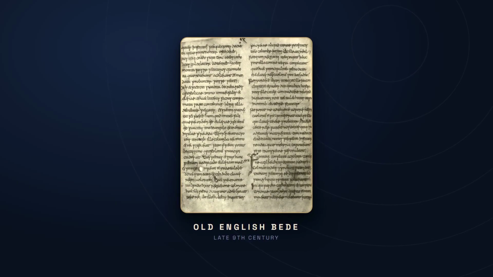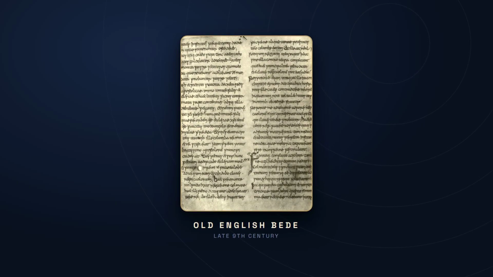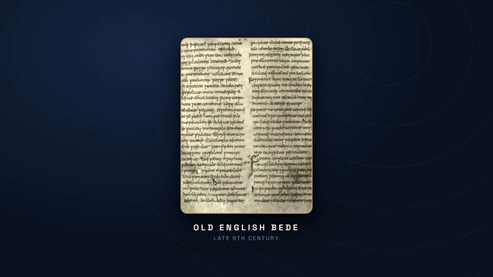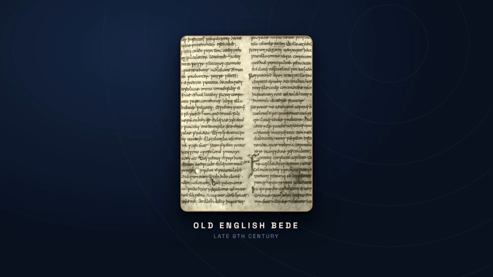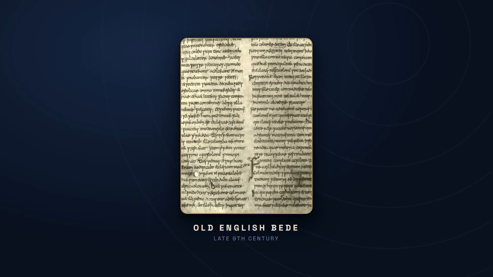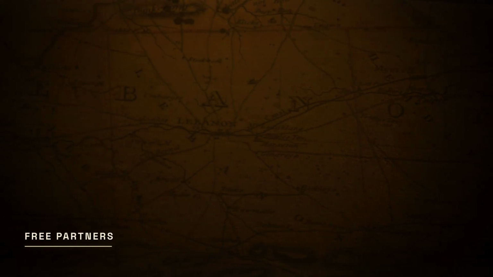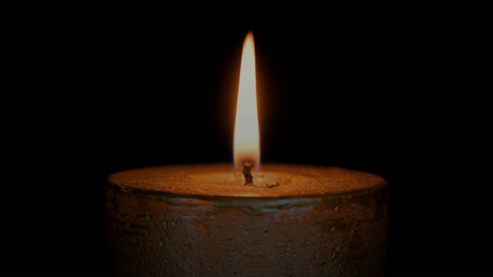In a text like the Old English translation of Bede's Ecclesiastical History, produced in the late 9th or early 10th century, a single scribe might spell the same everyday word with a thorn on one line and an eth on the next, treating them as free partners rather than rivals. Between thorn and eth, English finally had a way to write the sound Latin had denied it.